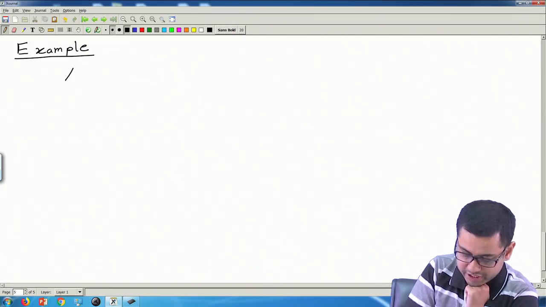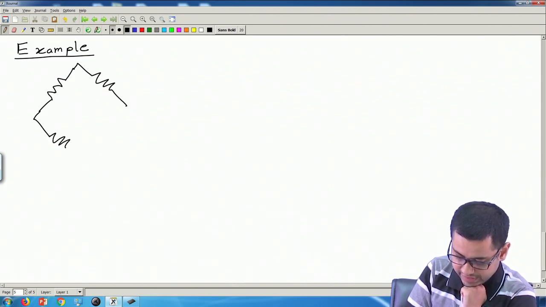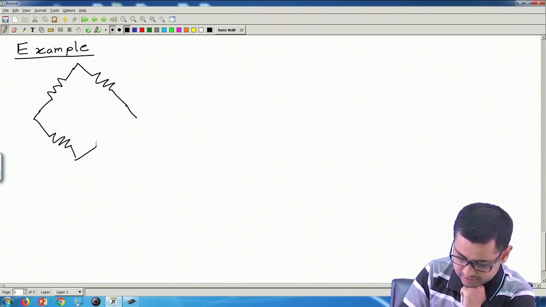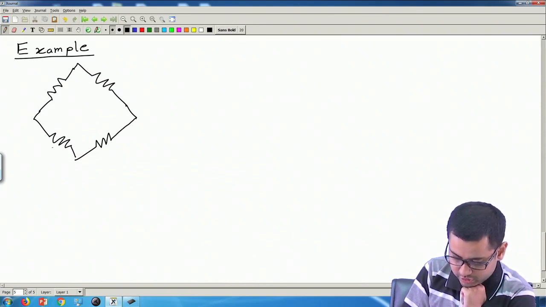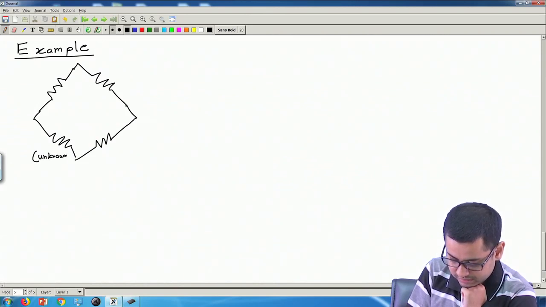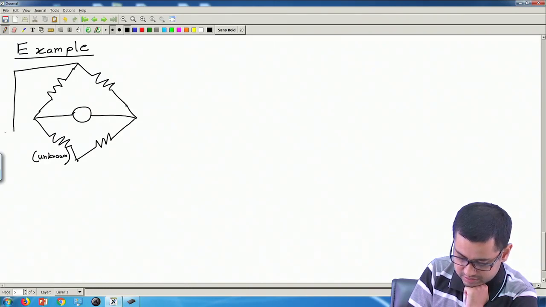Say we have a bridge like this, and this is the unknown branch, and say we have the detector here, and the supply.